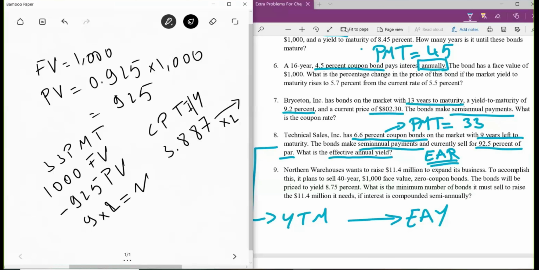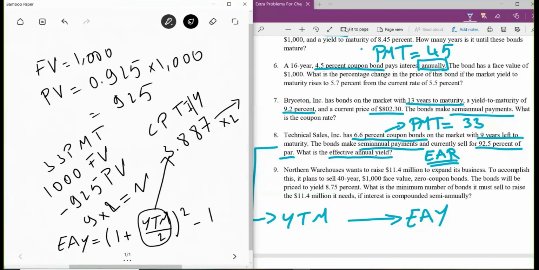Now I'm asked to find the effective annual yield. Now using the EAR formula, the EAR equals 1 plus APR divided by 2, raised to the power 2, minus 1. APR in this case is yield to maturity. YTM divided by 2, this is the semi-annual rate, 3.887.